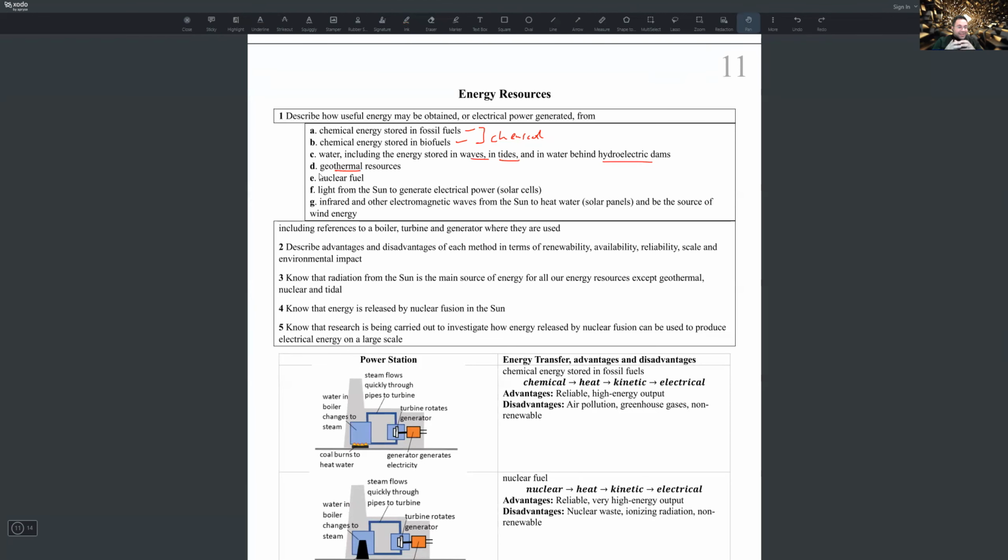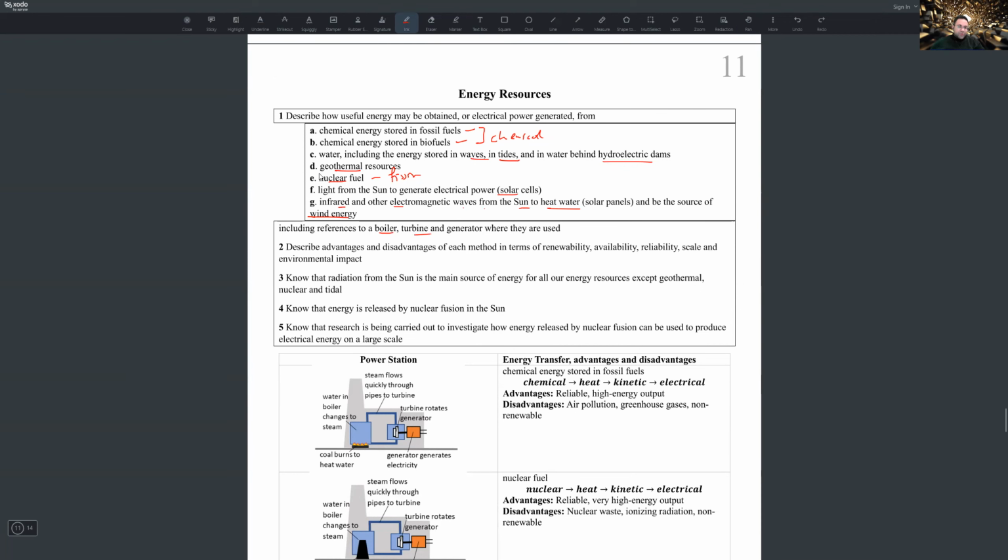Geothermal, which is heat from the earth, underground heat. Nuclear fuel, usually uranium or plutonium, for nuclear fission, which is when you break a nucleus into smaller nuclei. Light from the sun to generate electricity, so solar cells. Infrared and other electromagnetic waves from the sun to heat water and be the source of wind energy. So we're going to talk about how the sun is the source of wind.